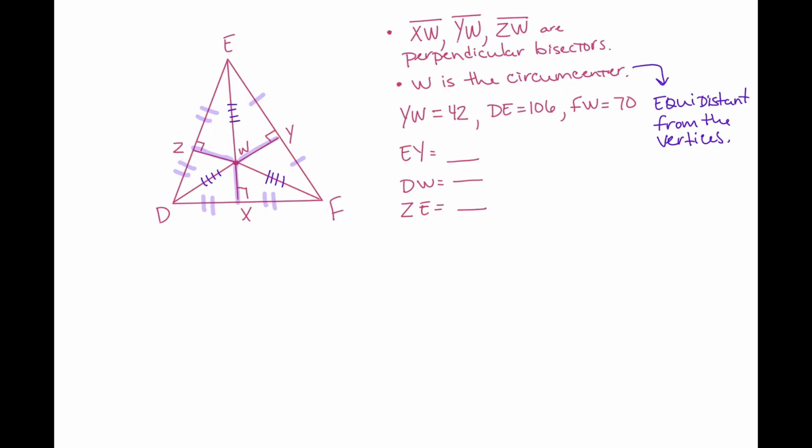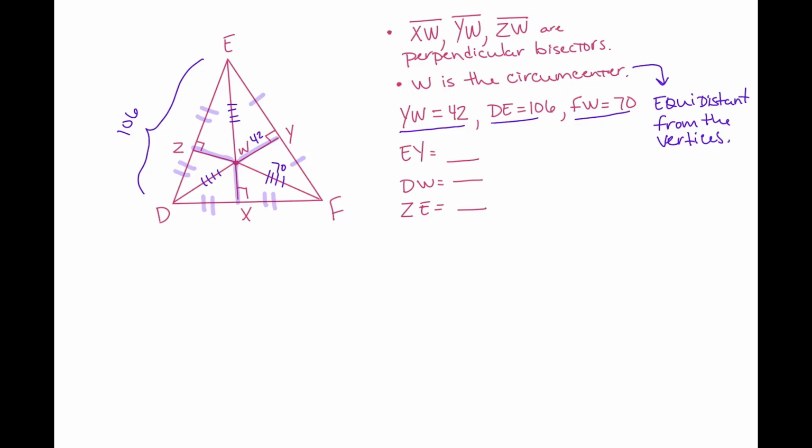All right. Then it says YW is 42. So I'm going to go ahead and write that. YW is 42. DE is 106. From D to E, this whole thing is 106. And then FW is 70. So F to W is 70. Now YW and FW are not the same.